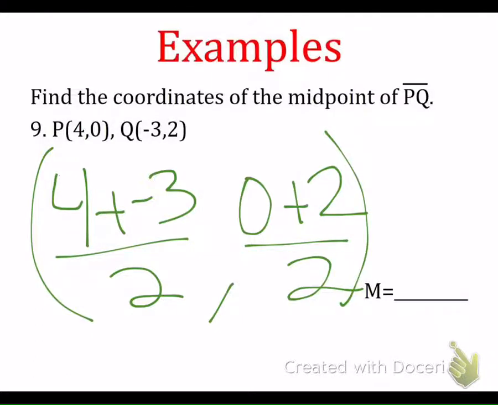All right, so what do we get for our X value? 1 over 2. Good. What do we get for the Y's? 1. Yeah, we end up with 2 over 2, which reduces to a whole number of 1.